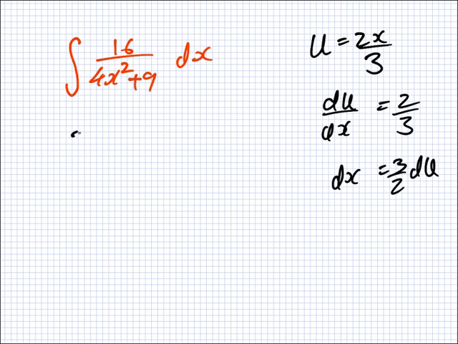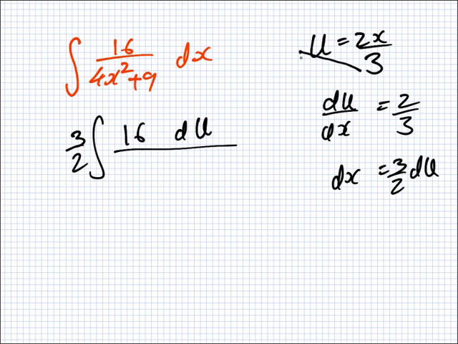So that's 3 over 2 integrate 16 du over, I just put the 3 over 2 in front. Now, if you're smart about this, you could bring the 3 up here and square both sides. What do you got on the right? 4x squared. And on the left? 9u squared.